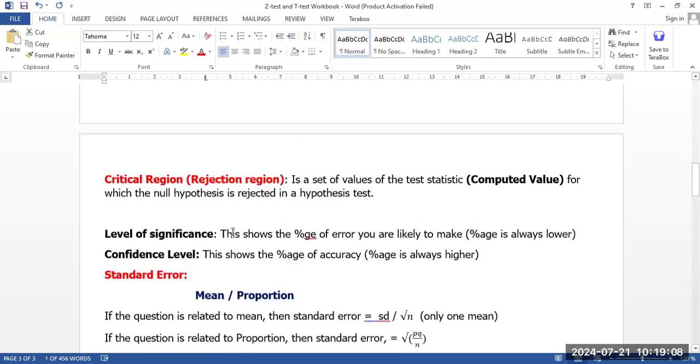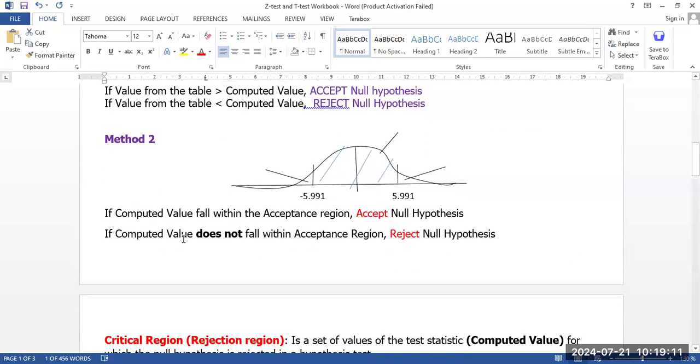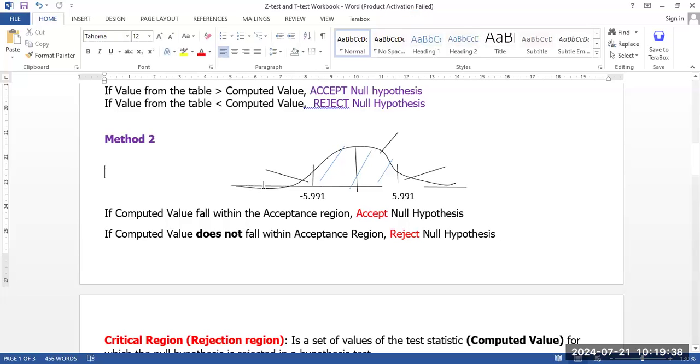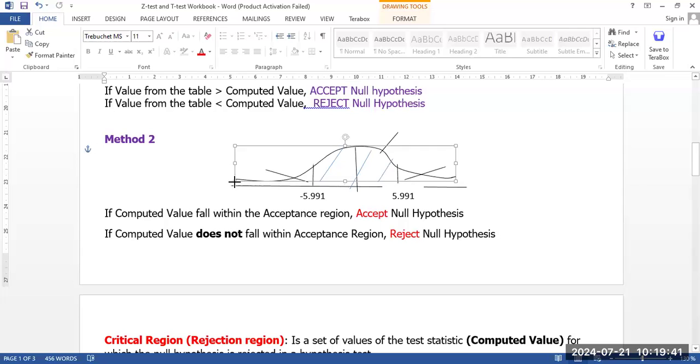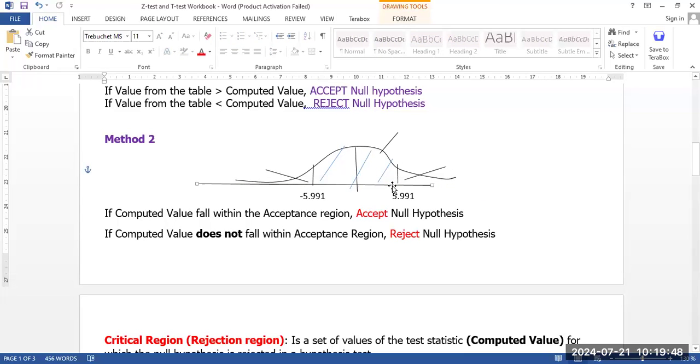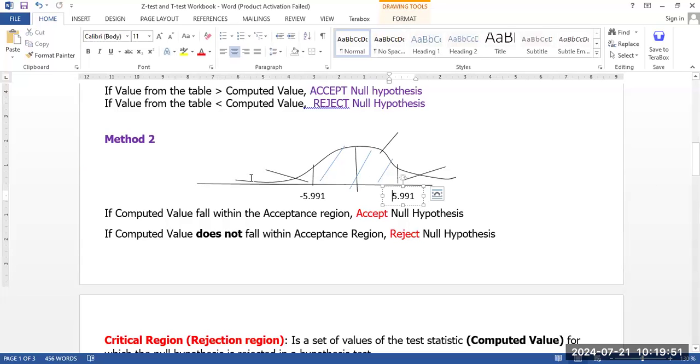But we want to read the value from the table, and we know that with the Z test, this curve should not touch the horizontal line.